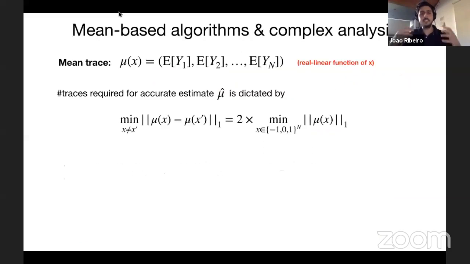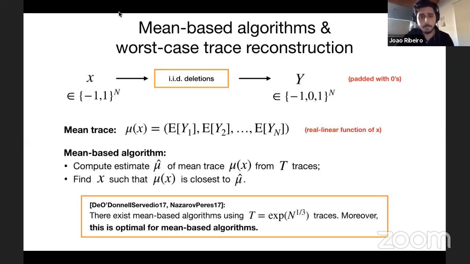So how does this connection work really? So, Joao, I have a question. Sure. Can you maybe clarify, because you talk about mean-based and worst case. Sure. Mean-based is just the name of the algorithm, in the sense that it estimates the mean trace. And the worst case, what does it mean? Worst case means that you want this to work for any input.